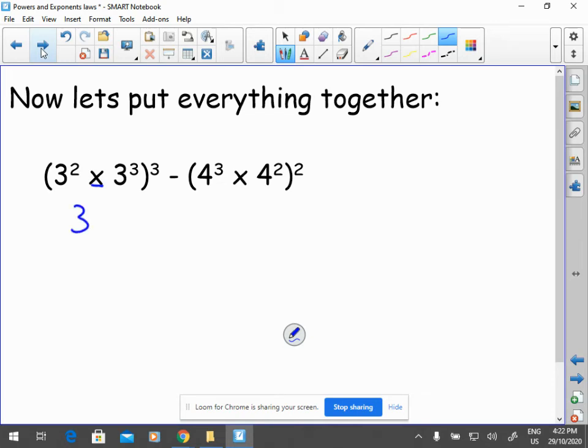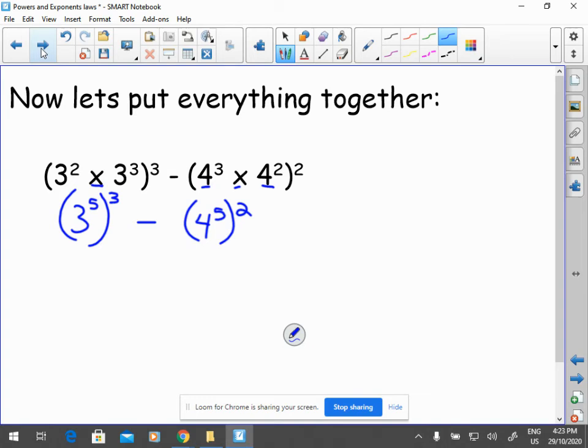So that's going to become 3 to the power of 5. This whole thing is in brackets to the power of 3. I'm going to do the same thing over here to simplify. My base is 4 in both of them, and I'm multiplying, which means I'm going to add my exponents. So that's becoming 4 to the power of 5, and this whole thing is squared.